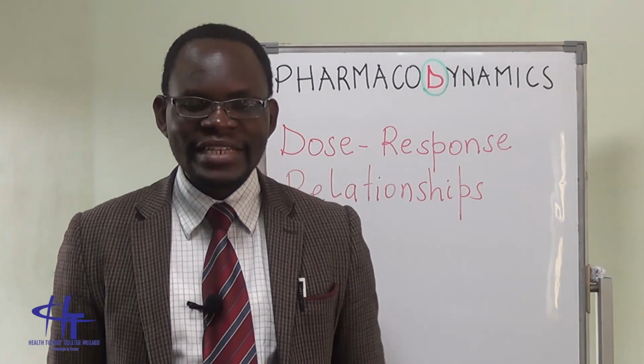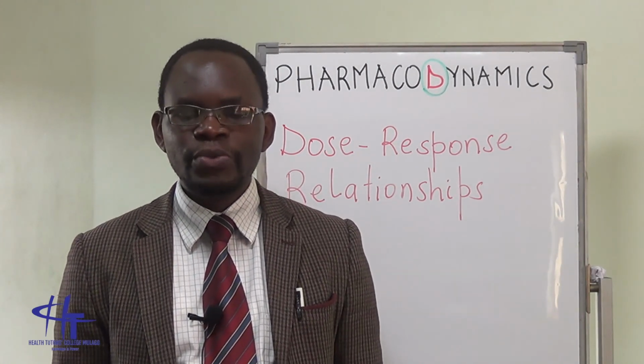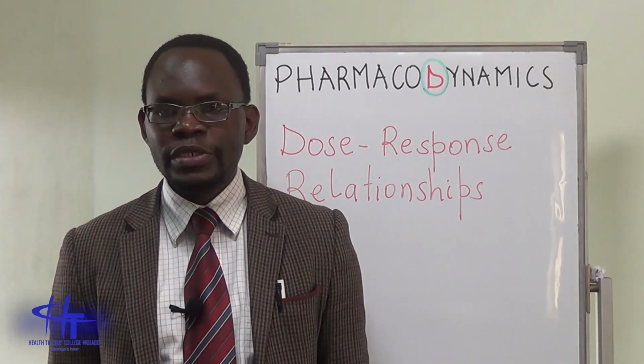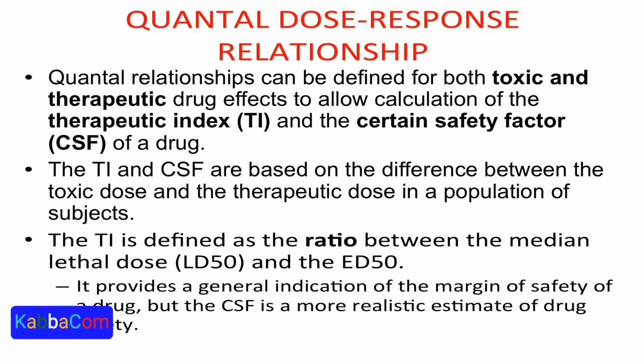Welcome back to this lecture, and we want to talk about what we refer to as quantal dose relationships. As I told you earlier, with quantal dose relationships, we are basically interested in what the effect of the drug is on a population.